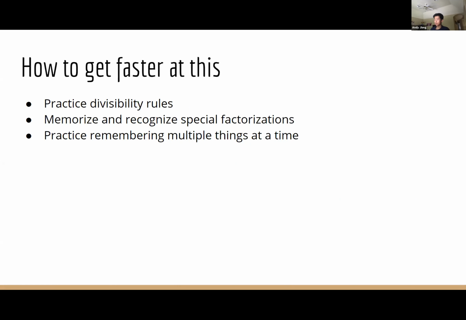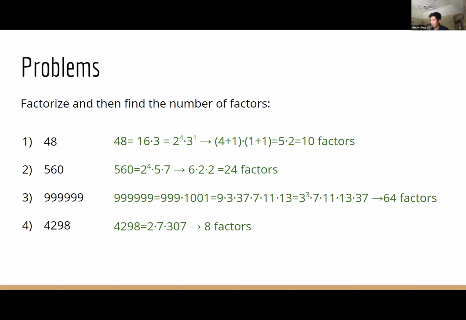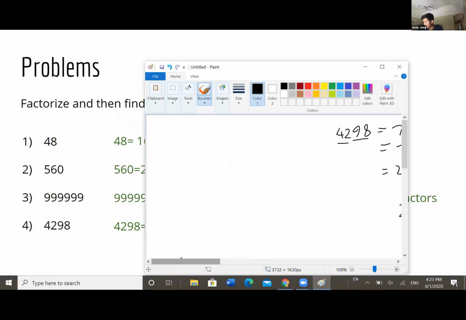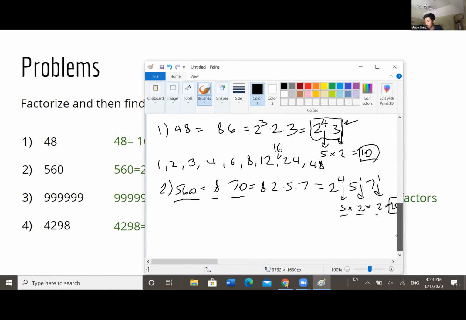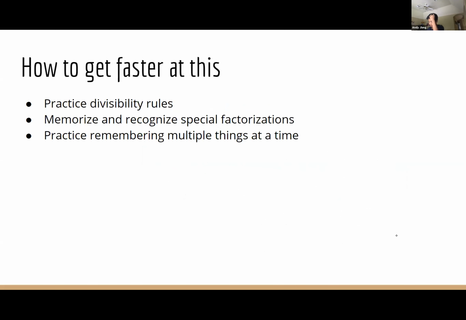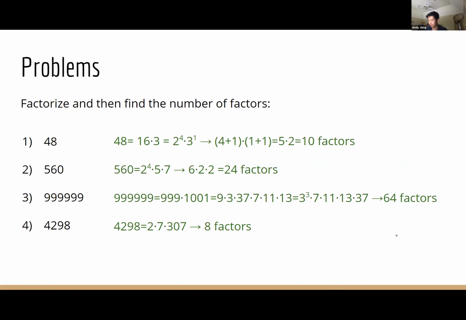Memorize and recognize special factorizations. In this case, I would definitely memorize that 48 is 2 to the 4th times 3 to the 1st. I would definitely memorize that 70 can be written as 2 times 5 times 7, that 111 is 3 times 37, and that 1001 is 7 times 11 times 13.